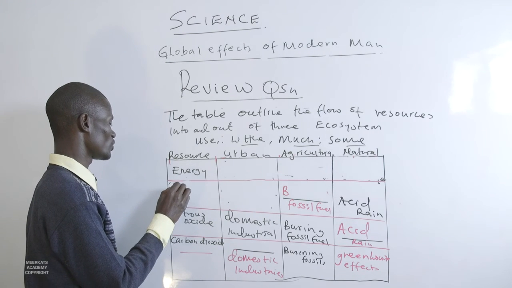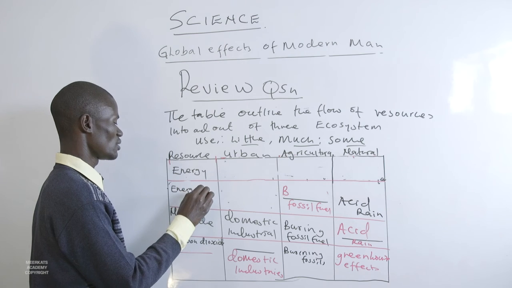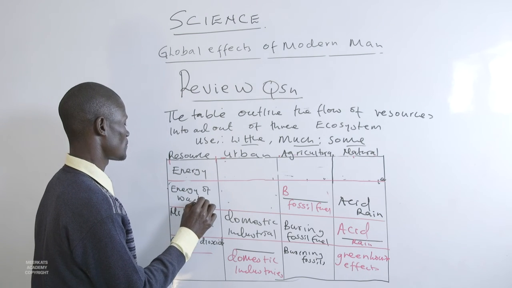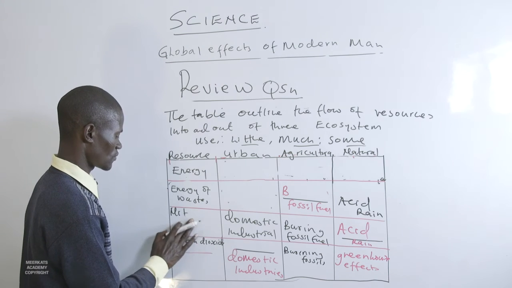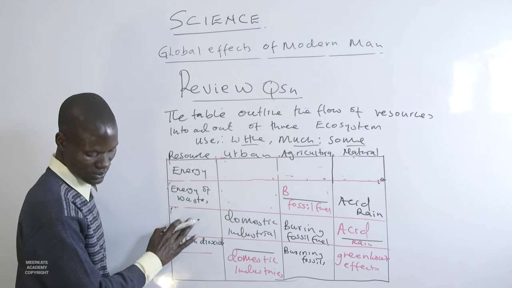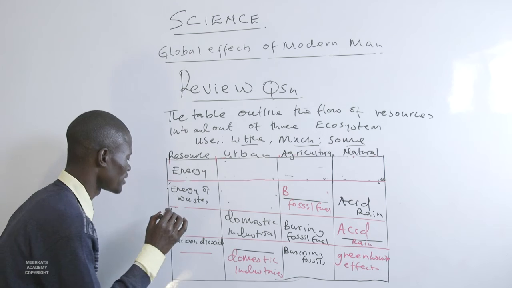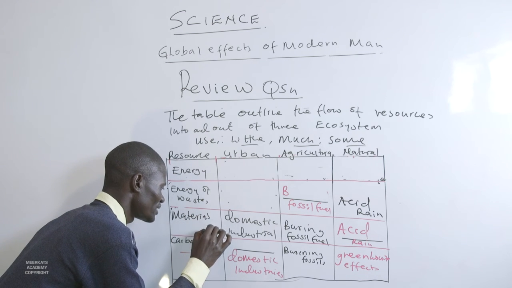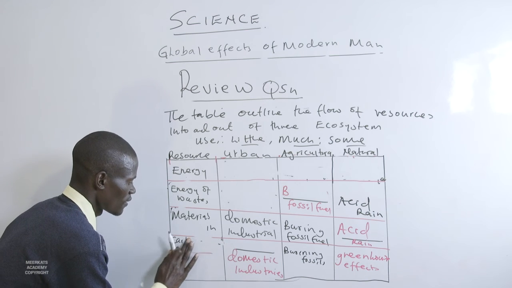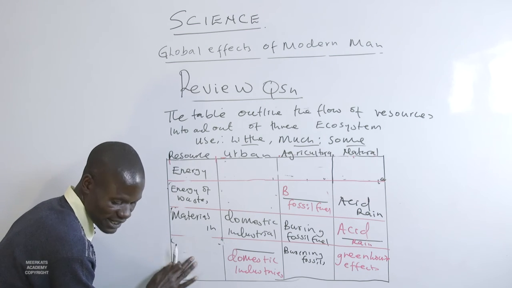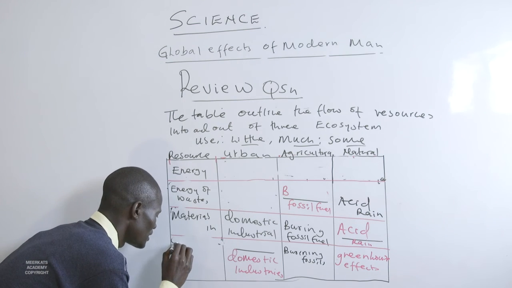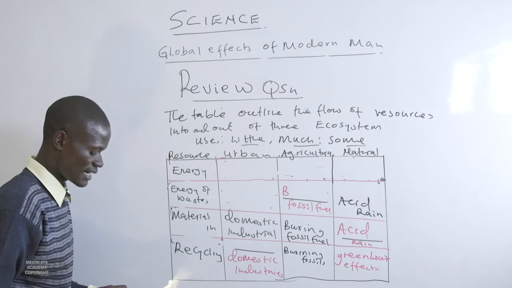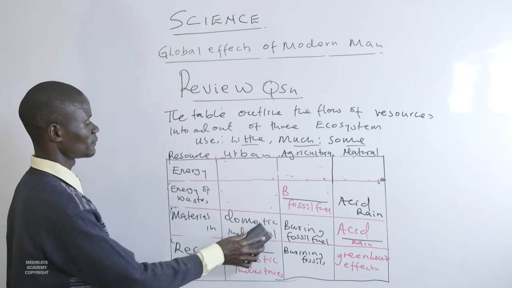Then we also have another energy, which is the energy of the waste product. After that, we have materials in, these materials just coming in. And lastly, we are looking at the recycling resources.